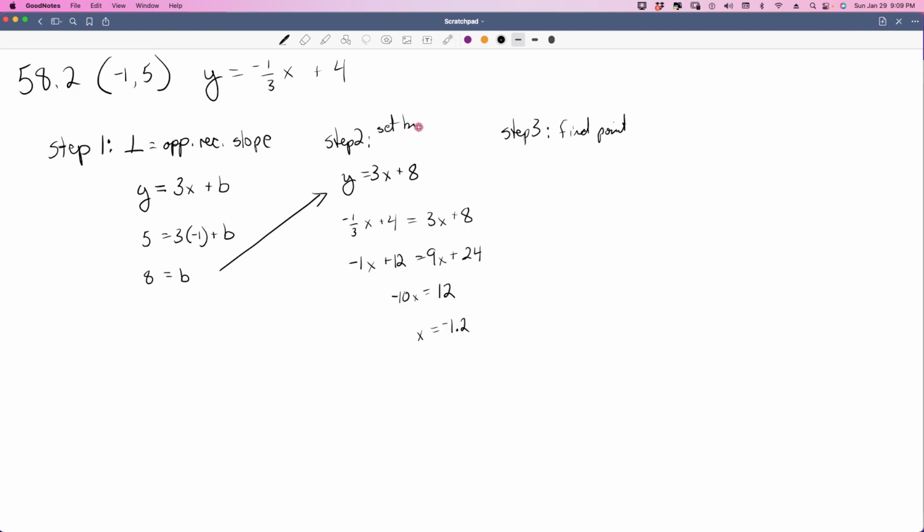Set both lines equal and solve for x. That's what we did in step 2. Step 3 is we are going to find the point by subbing in for x.